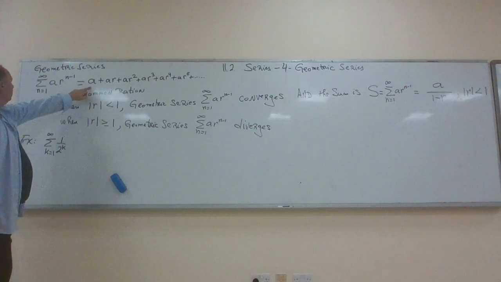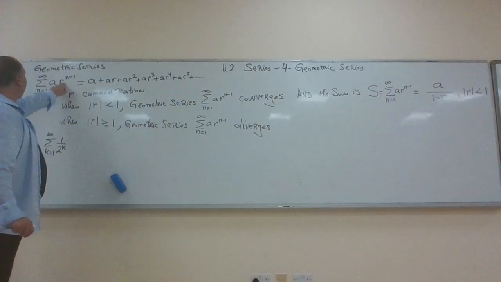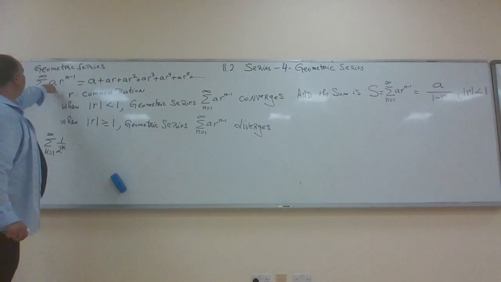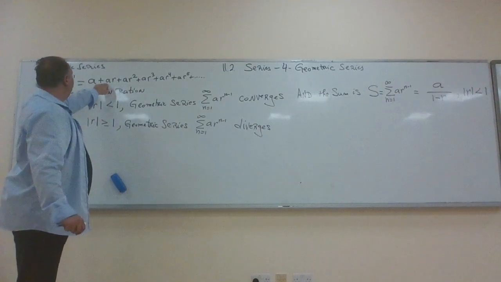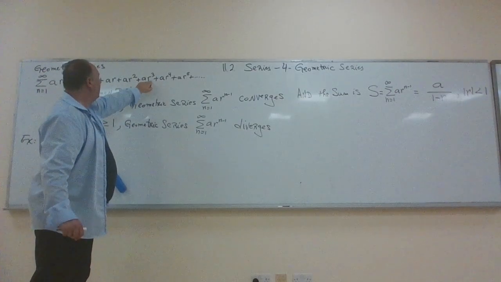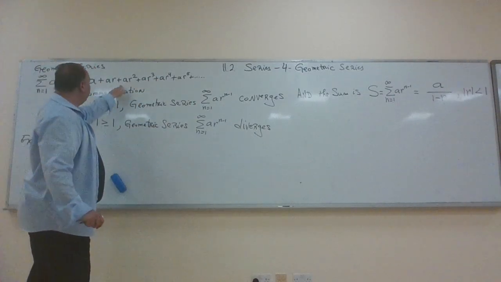So the first component is when n is 0, r to power 0 is 0, right? No, it's 1. So a times 1 is a. Then we have a times r plus a times r squared plus a times r cubed, etc. So we see the shape, and that's what matters.